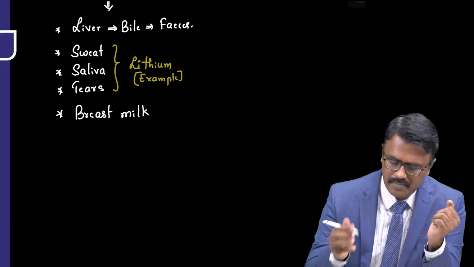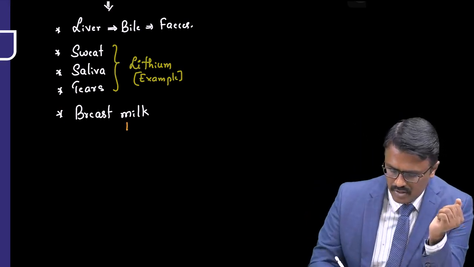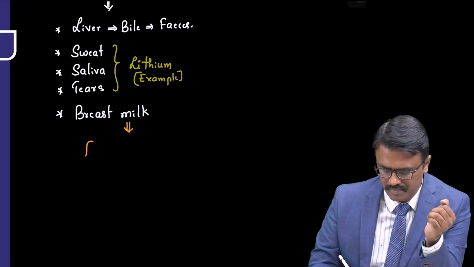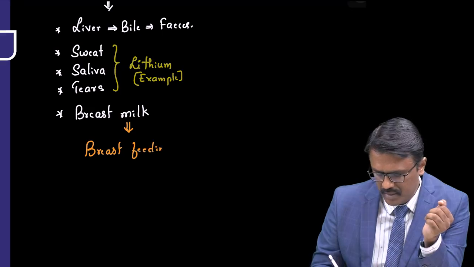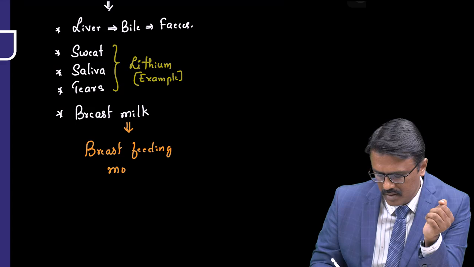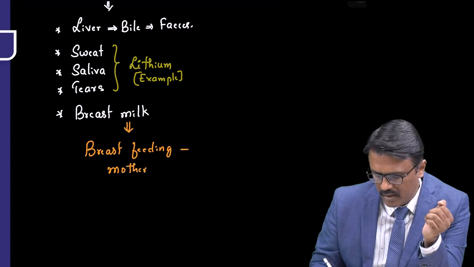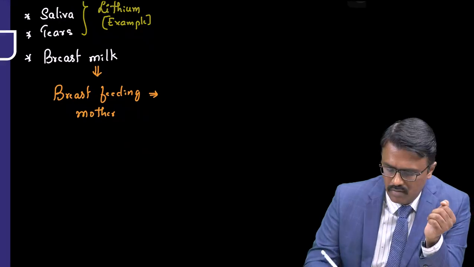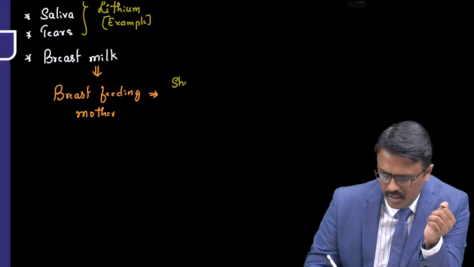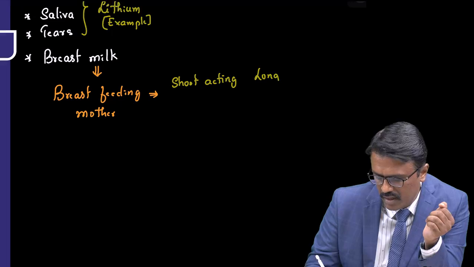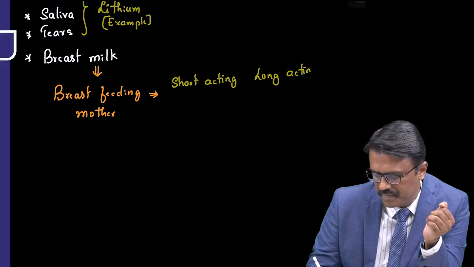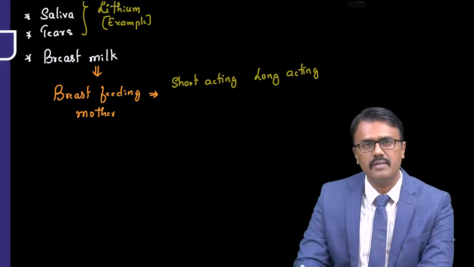But wherever it is necessary, now I will ask you a question. In a breastfeeding mother, there are certain practical questions asked. Will you prefer giving a short-acting drug, or will you give a long-acting drug? What do you prefer? Pause the video and try to answer.